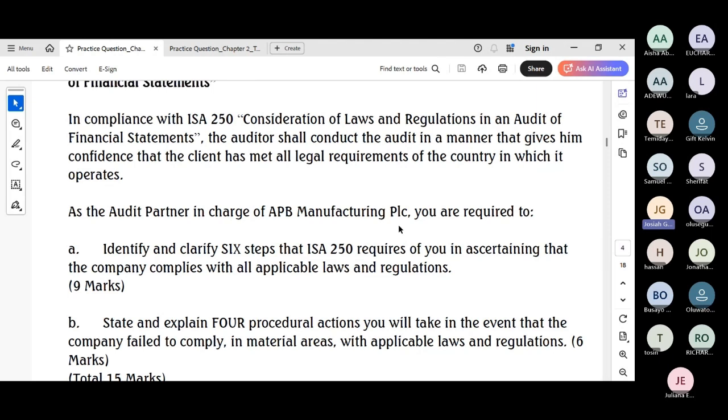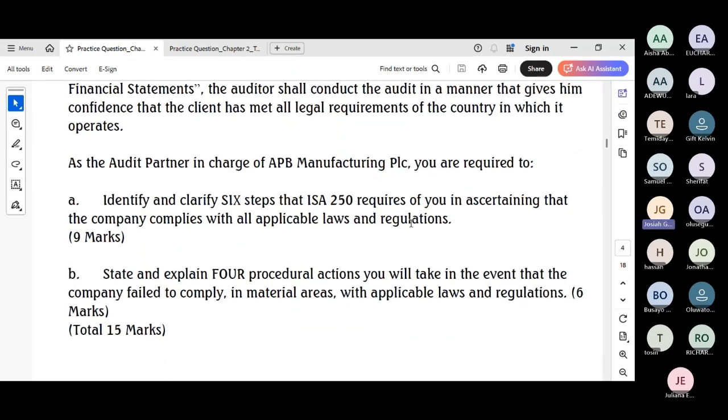As the audit partner in charge of APB Manufacturing PLC, you are required to A. Identify and clarify 6 steps that ISA 250 requires of you in ascertaining that the company complies with all applicable laws and regulations. 9 marks.